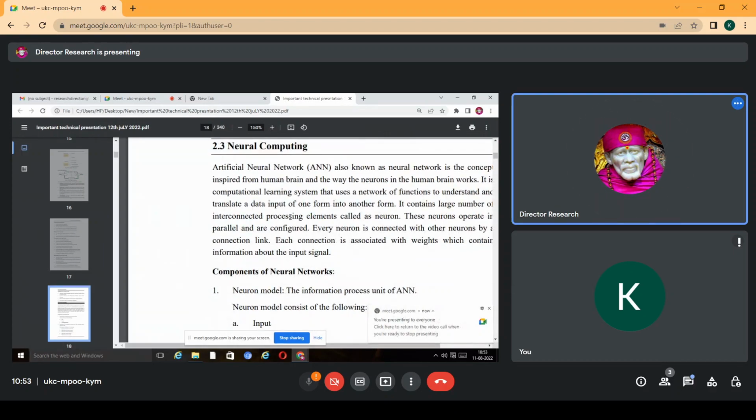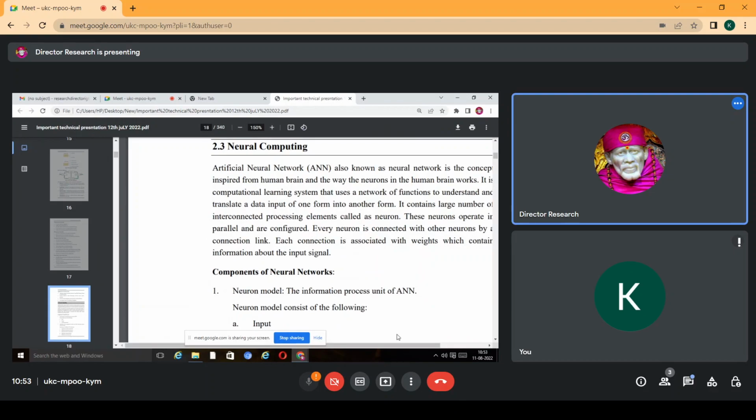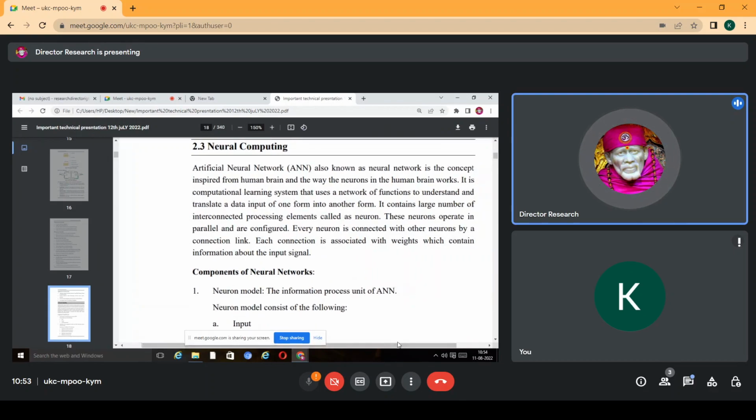Neural computing is again a different category. Artificial neural network, also known as neural network, is a concept inspired from the human brain and the way neurons in the human brain work.